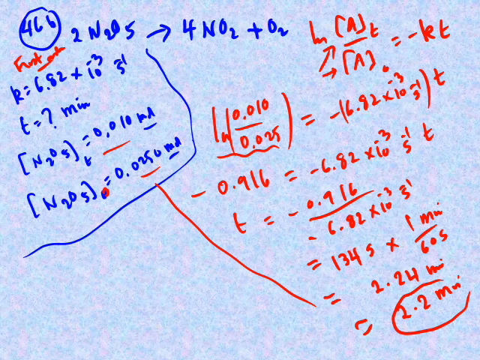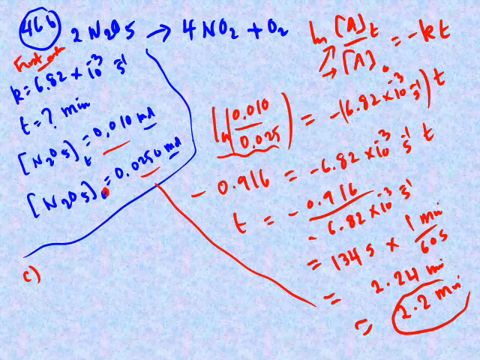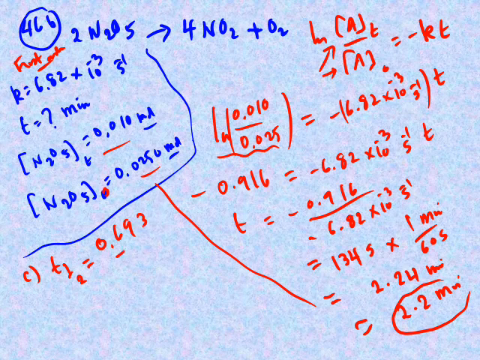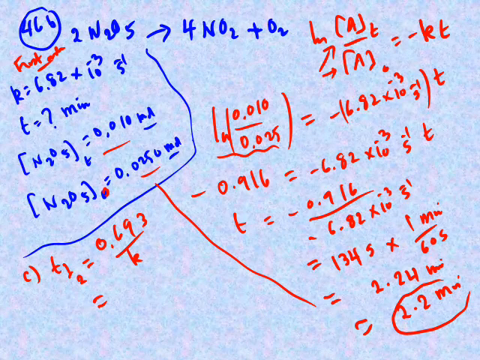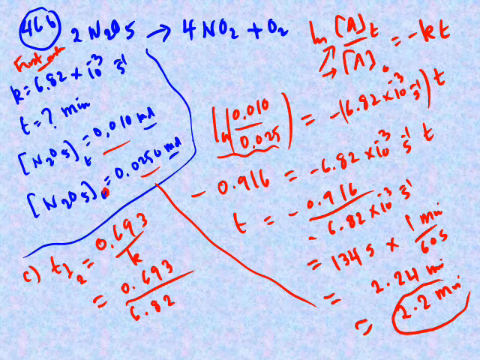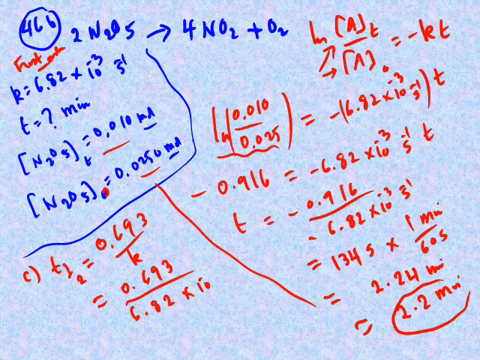Now part C of this problem is quite straightforward. They're asking for the half-life of N2O5. Remember, half-life is when the concentration has decreased to 1/2 of its value. Now the half-life expression for a first order reaction is: t half equals 0.693 by k. So that's very straightforward. So 0.693, and we already know the value of k, which is 6.82 times 10 to the negative 3 per second.